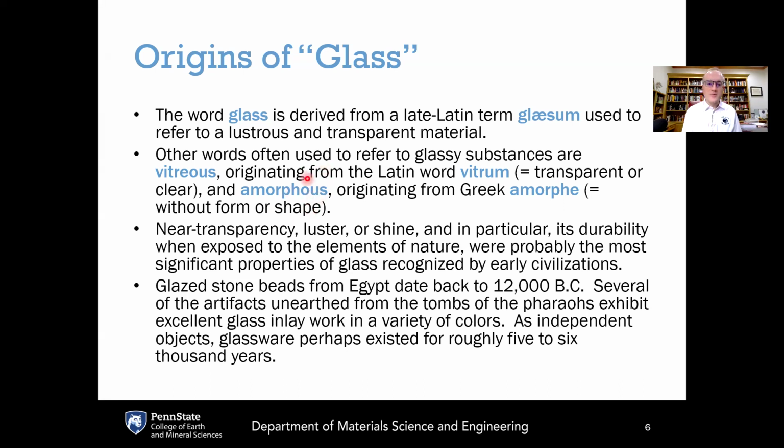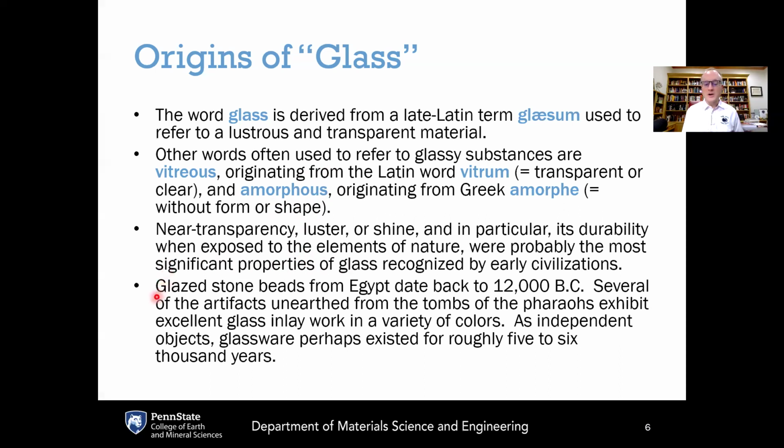But what we can tell from these words is that transparency, luster or shine, and in particular its durability when exposed to the elements of nature, were some of the most important properties of glass that have been recognized by early civilizations. In fact, glazed stone beads from Egypt have been dated back to about 12,000 BC.